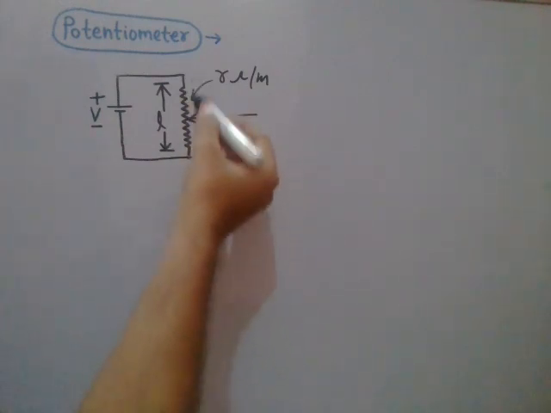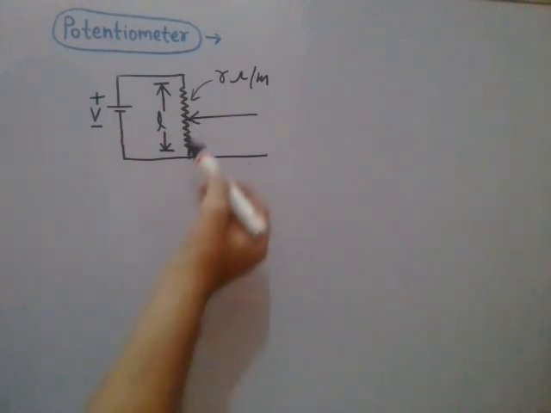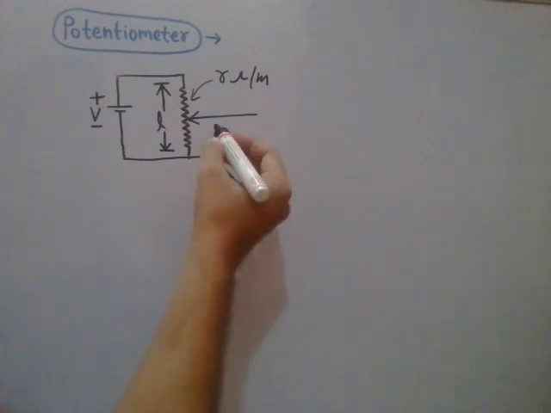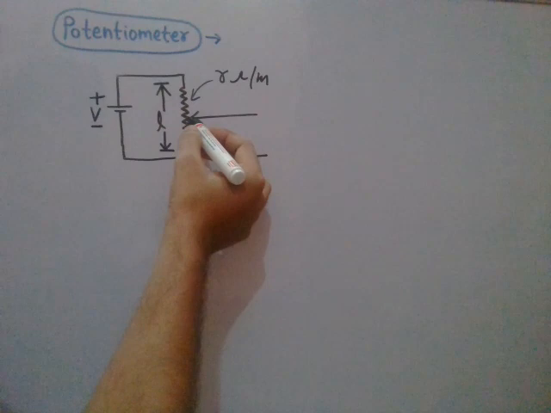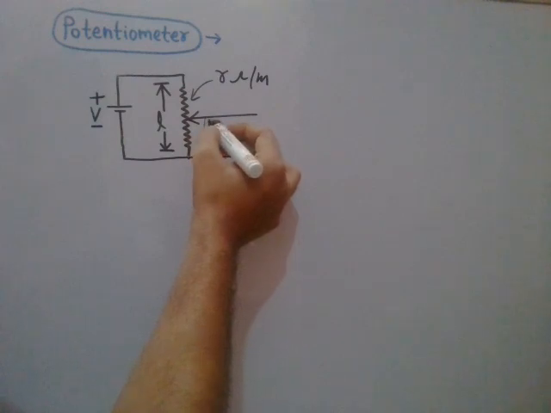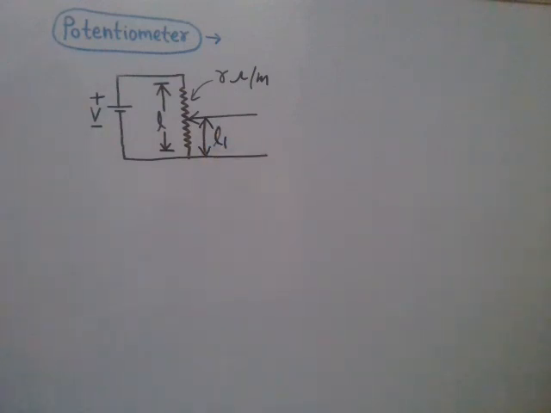Depending upon the movement, this distance will change. Suppose at one particular position this stylus is at this point, and the length covered by this stylus is small l1.